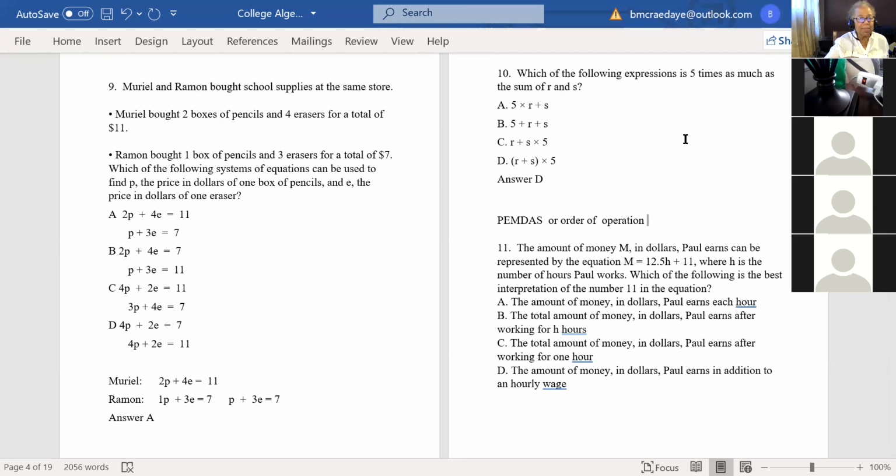Okay. This is an interpretation problem. Audrey, which one of these is correct? What's the best interpretation of the 11? I said D. You said D as in dog? Yes.